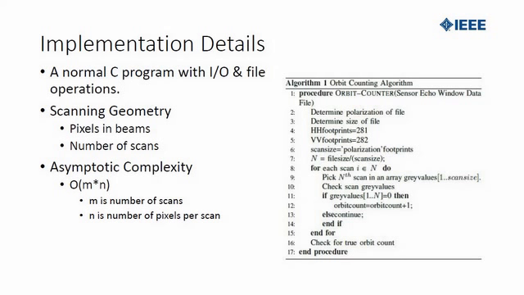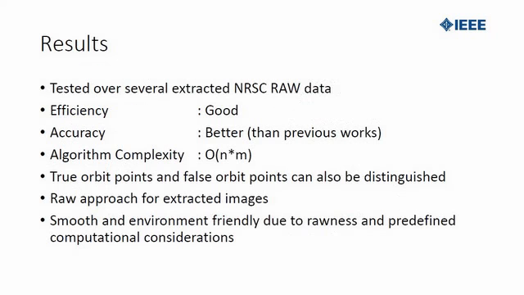The asymptotic time complexity is O(mn), where m is the number of scans and n is the number of pixels per scan. The algorithm can be seen here. This algorithm can be implemented using a normal C program.